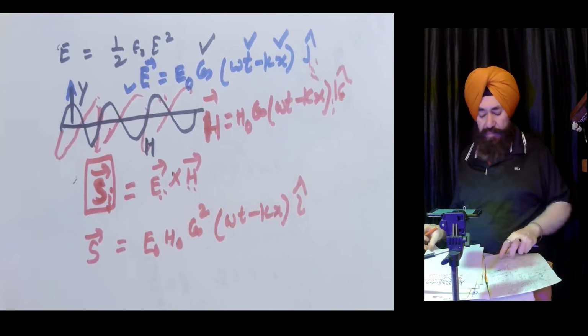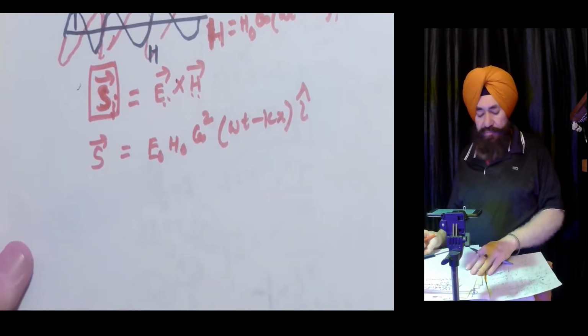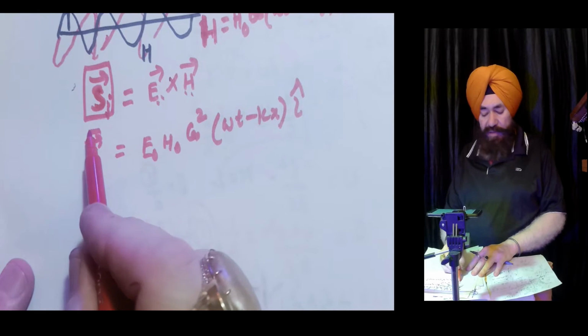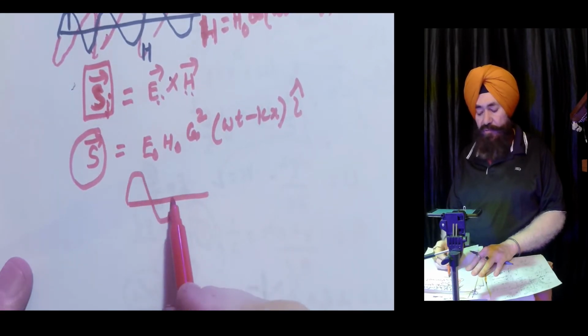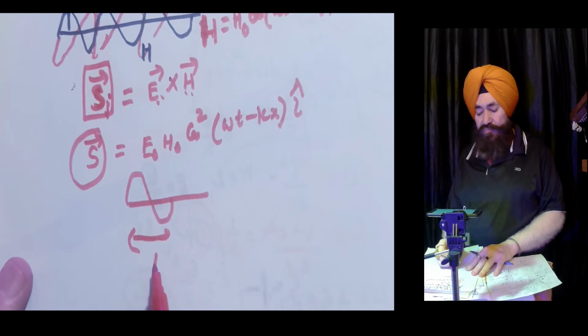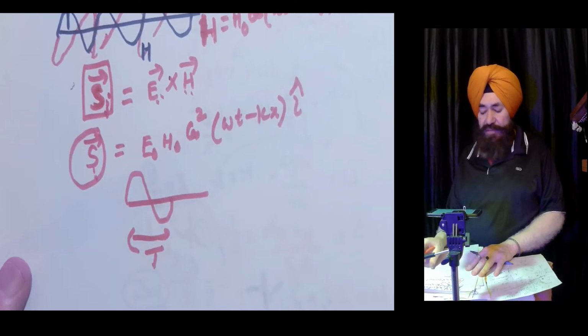Now I take the average of this value for one cycle, for one time period T. What is the average of this?